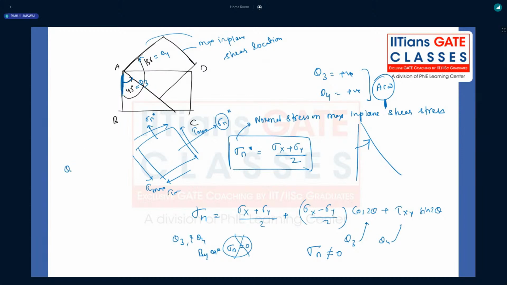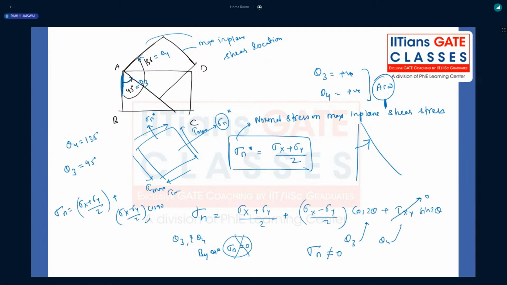Because what is the value you got? Theta 3, tell me guys, what is theta 3? You got 45 degrees. And what is theta 4 you got? 135 degrees. You just put those values: sigma x plus sigma y by 2 plus sigma x minus sigma y by 2 cos 2 theta. That cos will be what? Cos 90 degrees. Already tau xy was 0 in our case. So that will become what?